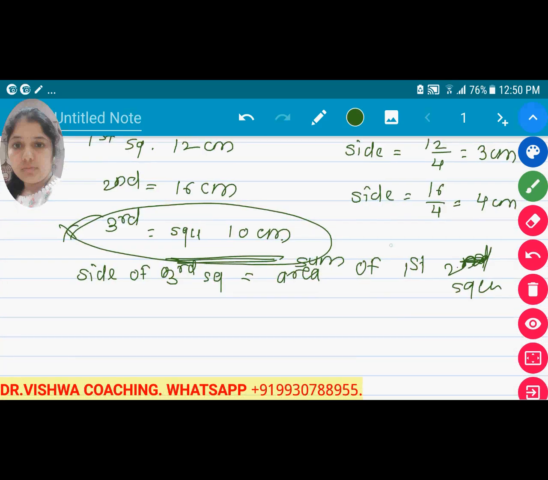Okay, so for this we have to first find the area of the first and second square.